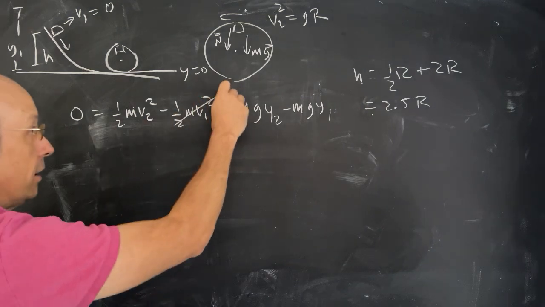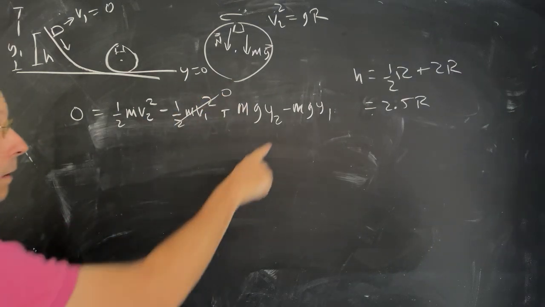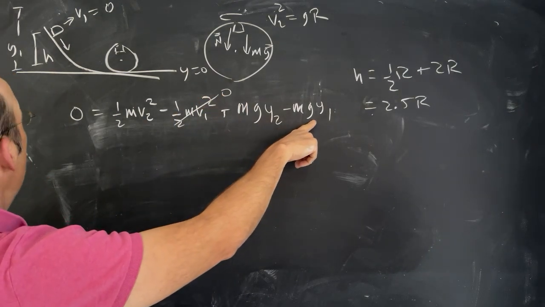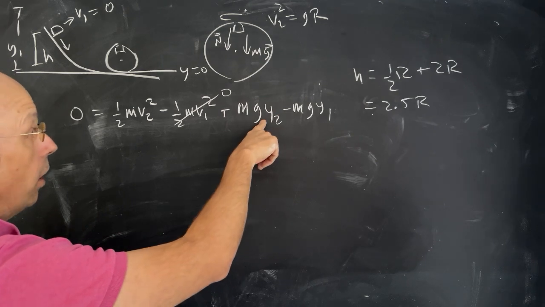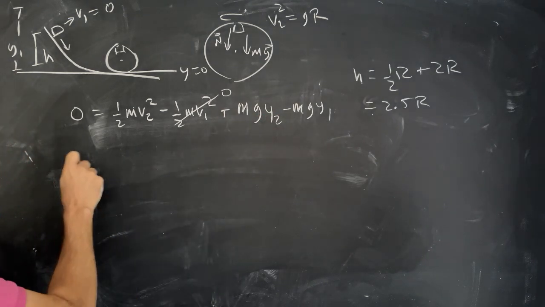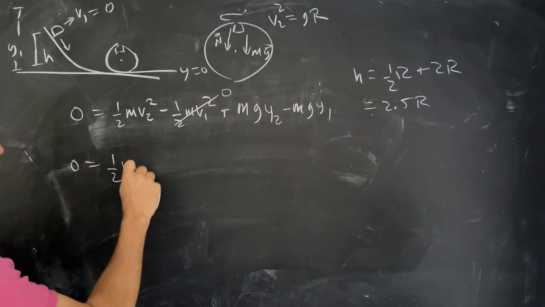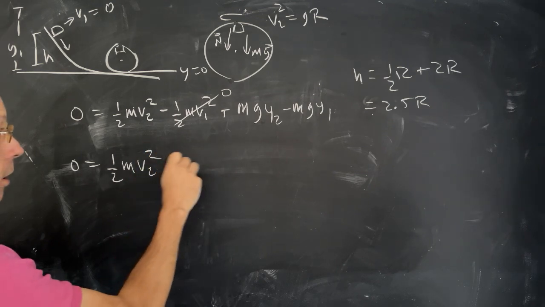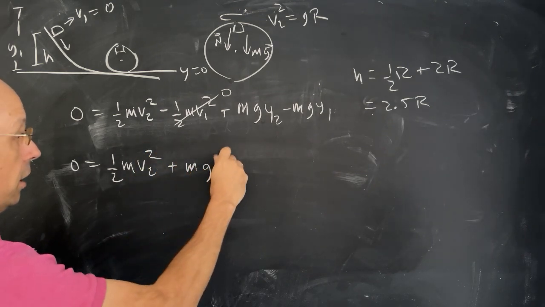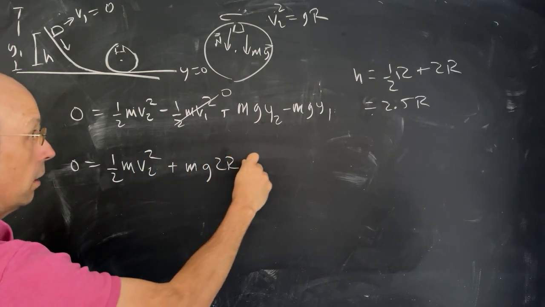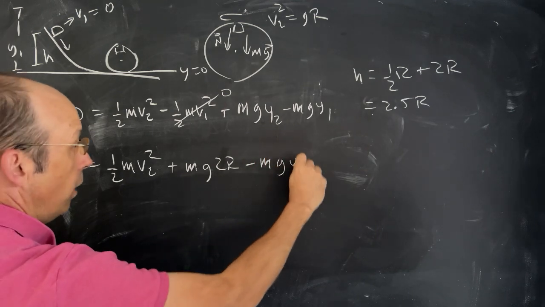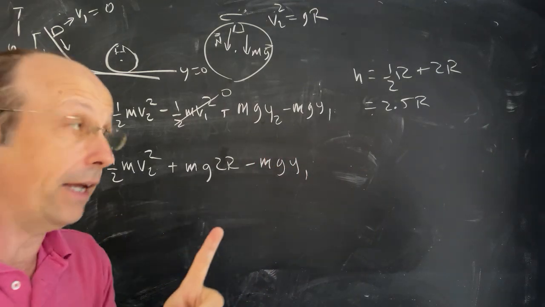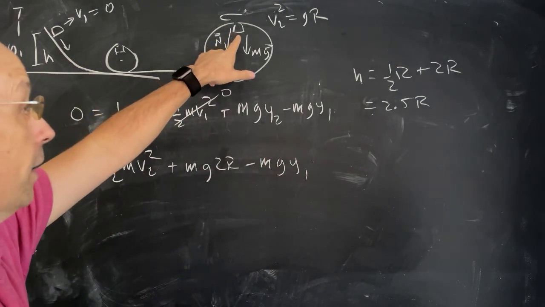Okay, that's 0, right? I'm going to release it from rest. Y1 is something and Y2 is 2R. So I get 0 is 1/2 m v2 squared plus mg2r minus mgy1.